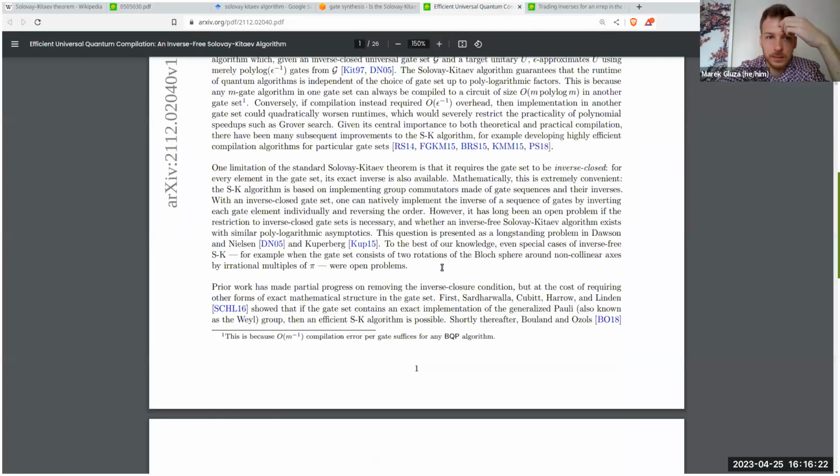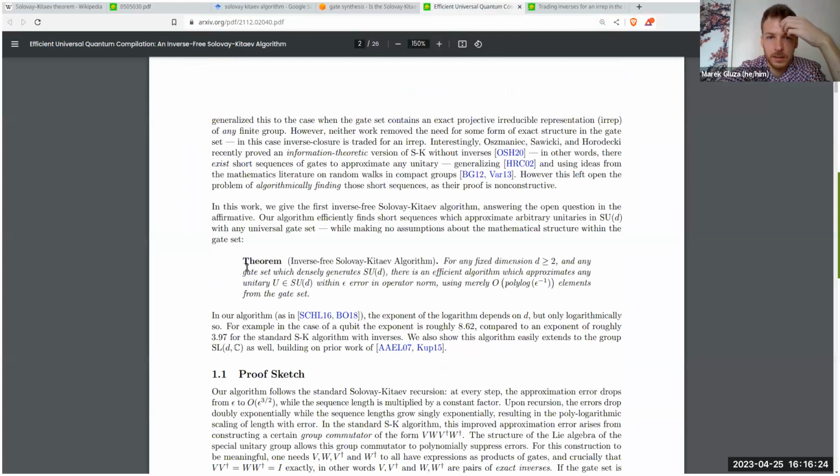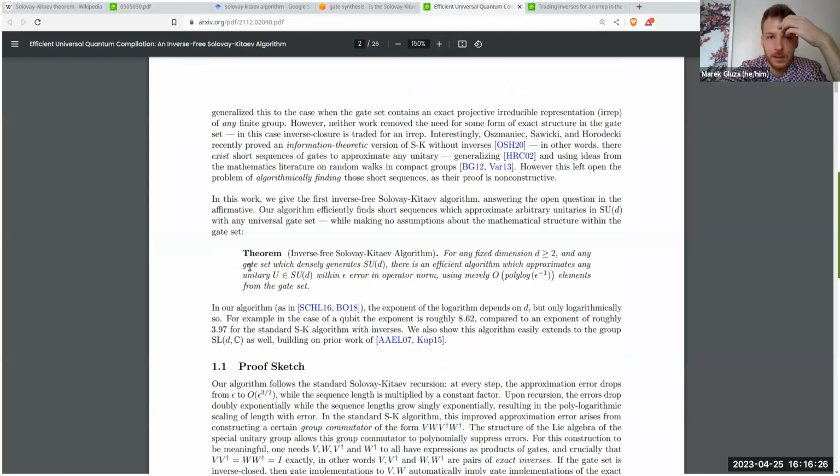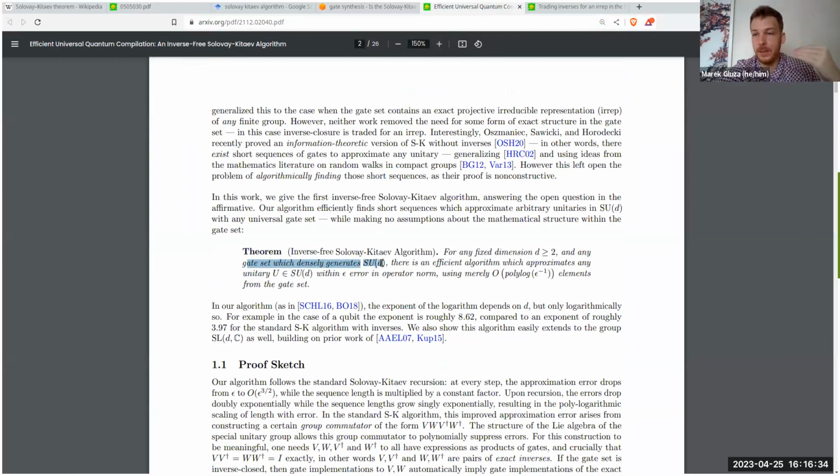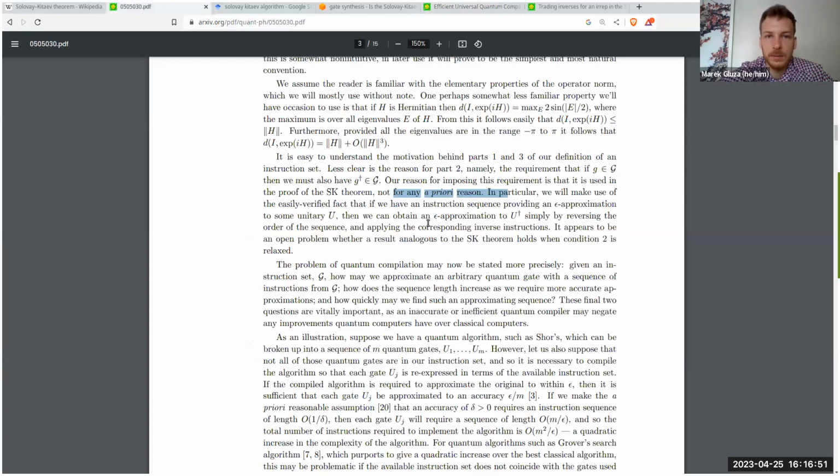So let's see. Okay, so if you have any gate set which generates SU(d), it doesn't need to be closed under inverses. Then you still have an approximation of the unitary, and the length of the sequence is again scaling like this, epsilon to the minus 1. Let's see in the Solovay-Kitaev algorithm.